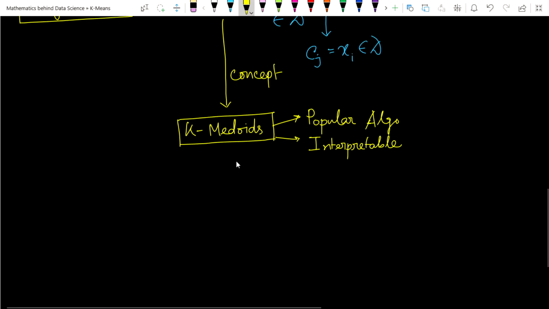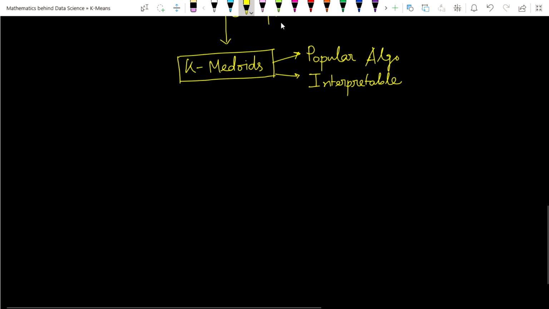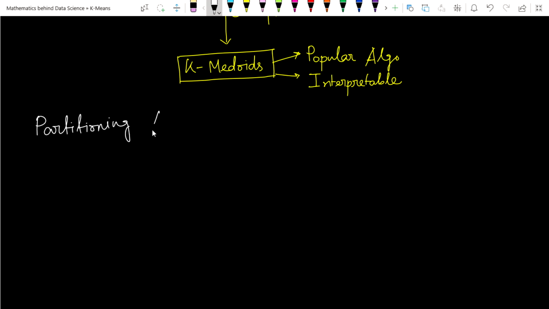Now let's see how we will compute these Medoids. To compute the Medoid, the technique that we use is called the PAM technique. PAM means Partitioning Around Medoids.